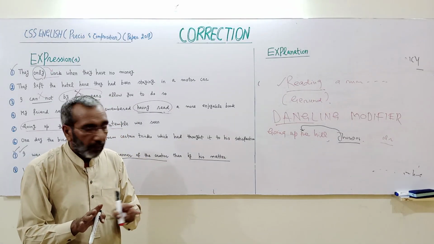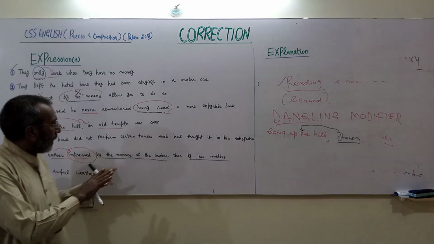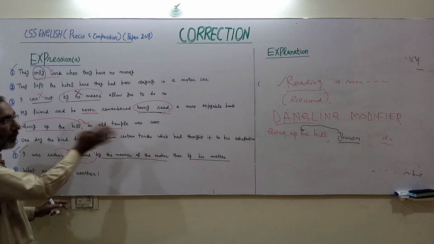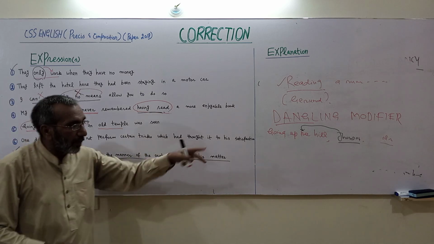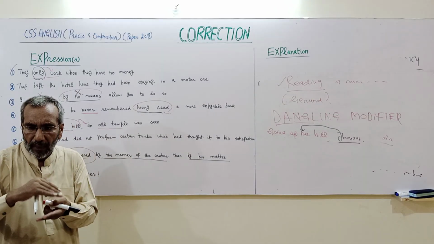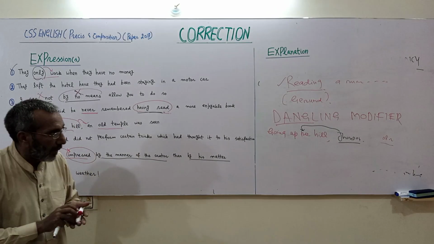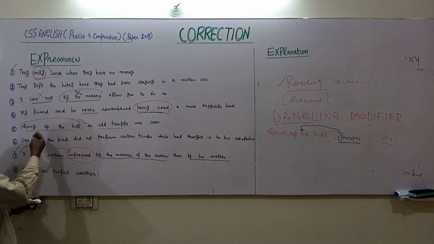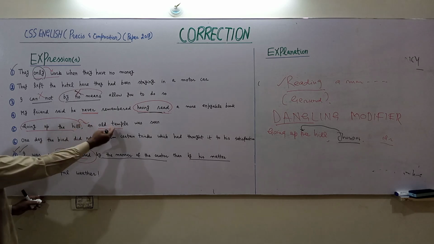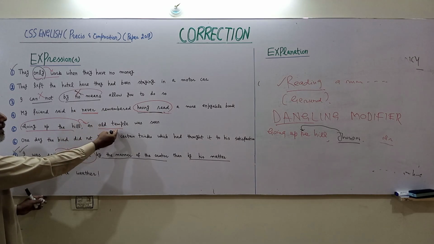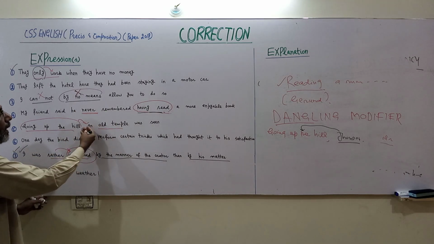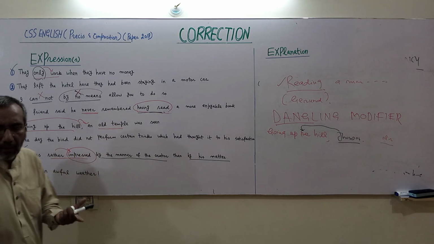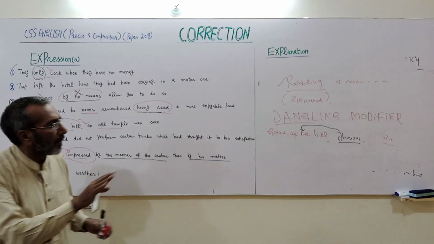Clear? So, over here, actually, the Old Temple was going up the hill. In this expression, Johnson is going up the hill. So obviously, you can guess very easily that it sounds logical. But the overall expression should be like what? Going up the hill, suppose you say Johnson or Nasir, an Old Temple was seen. The expression doesn't sound right. So, you have to change it a bit.